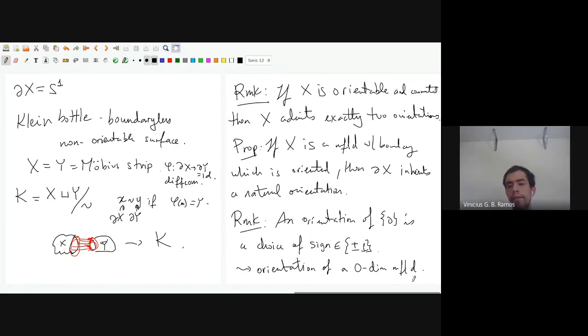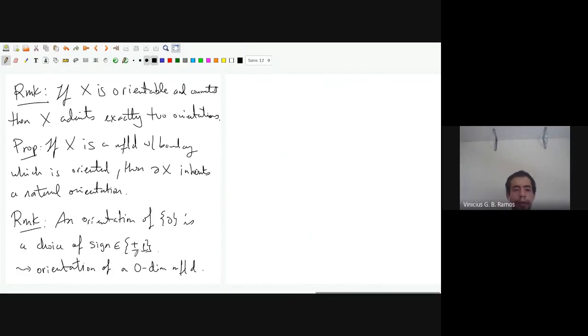So an orientation of a zero-dimensional manifold is just a choice of sign for each point of the manifold. And you'll see why this makes sense. I wanted to make this remark because this proposition is also true even if X is a one-dimensional manifold with boundary. So the boundary of X will be a zero-dimensional manifold, and it'll have a natural orientation even in this way.